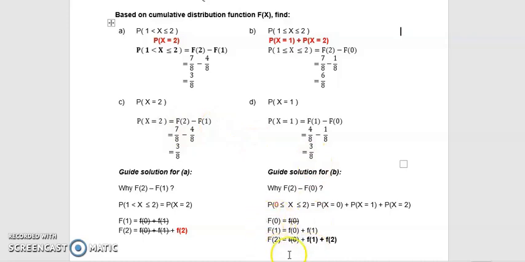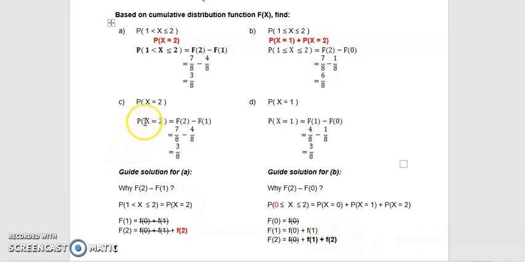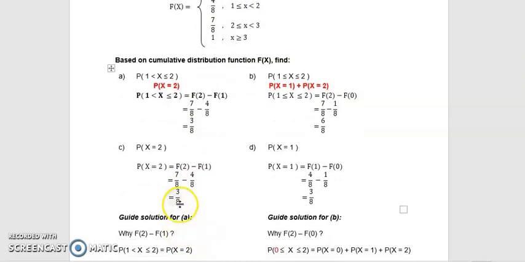Again you list like this. f0 minus f0 will be 0, f1 minus f1 will be 0, and then later on we only have f2 left. So probability of x equal to 2 is given by f2 minus f1. f2, x greater equal to 2, is 7 over 8, minus f1, x greater equal to 1, which is 4 over 8. So 7 over 8 minus 4 over 8 is 3 over 8.